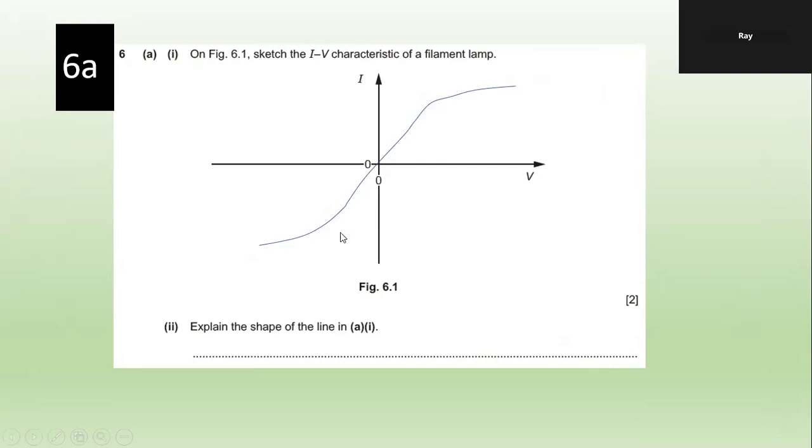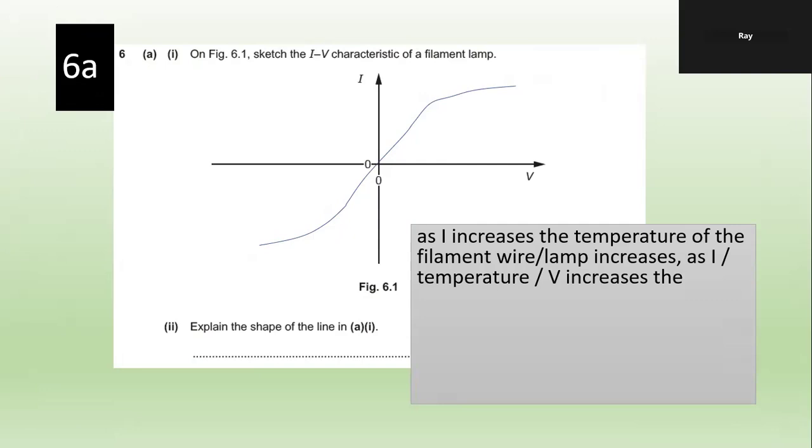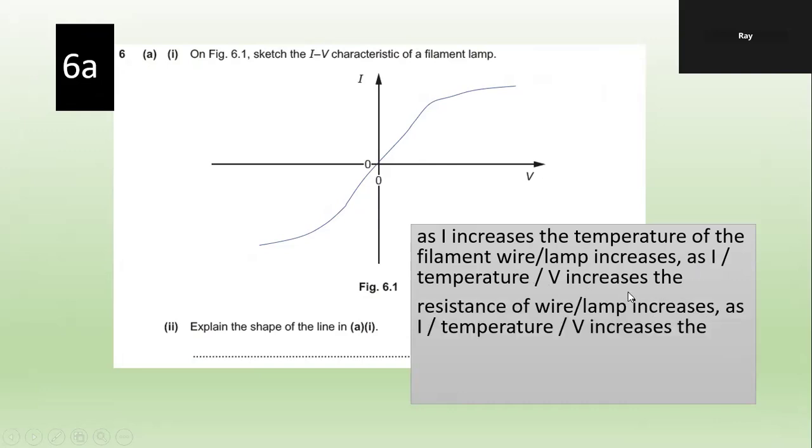Basically you must go to the ratio of resistance, which is V over I. Then argue from there. The ratio of V over I increases. As I increases, the temperature of the filament wire or the lamp increases, so the resistance of the wire increases.